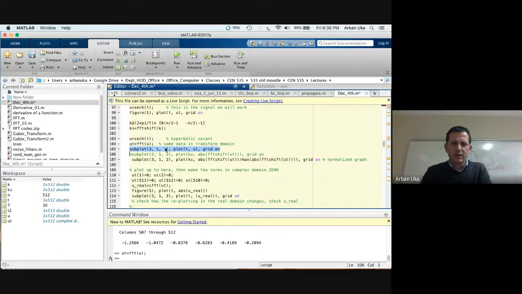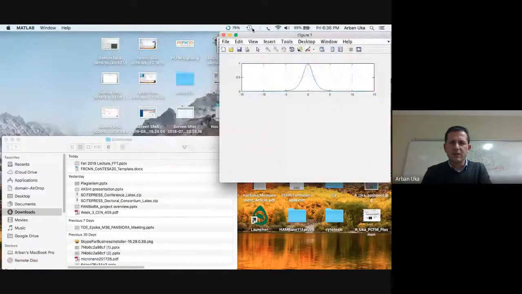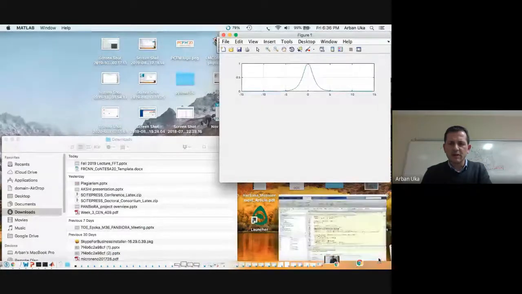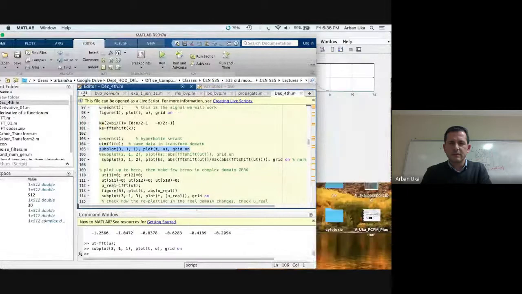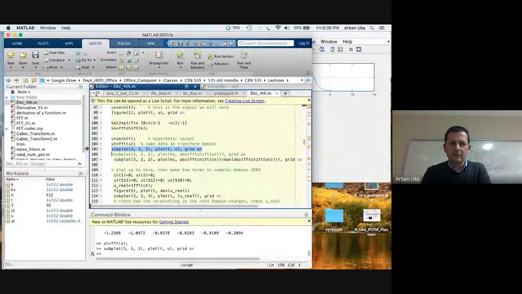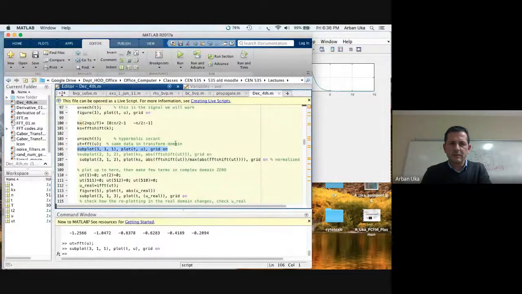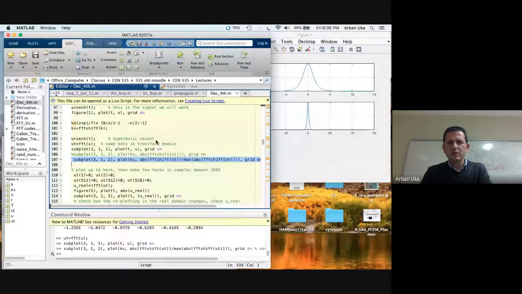And if we try to plot this here, we can find that we have plotted the initial signal in the real domain, which is going to look like here. Then we can plot the other component.